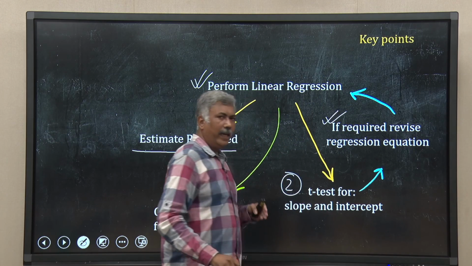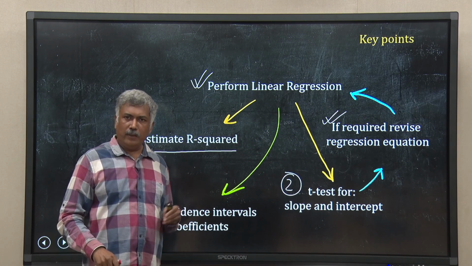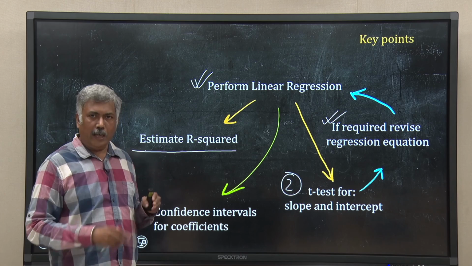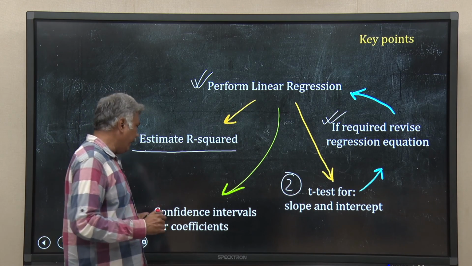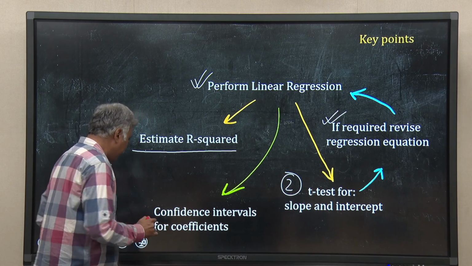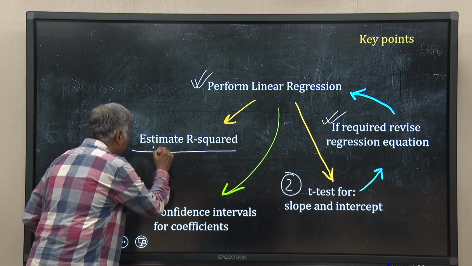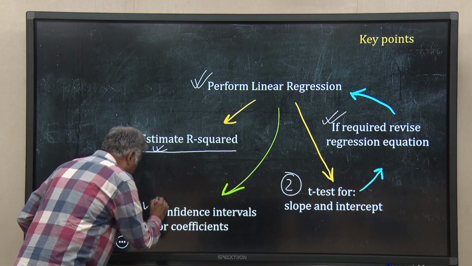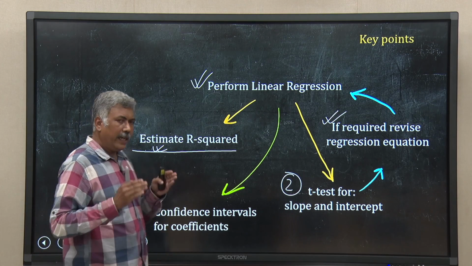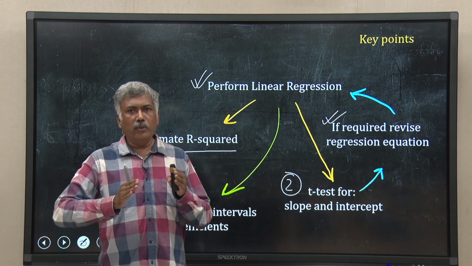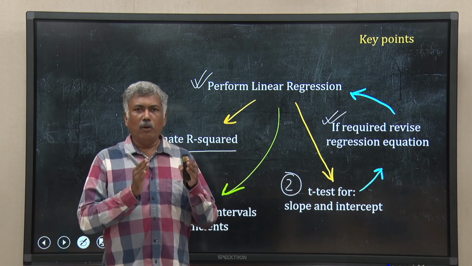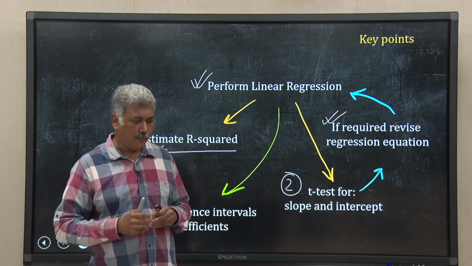That is what I have done for this particular example of 5 data points, and I have removed alpha, the intercept. Once you have done that, you again calculate the R square and the confidence interval, and that confidence interval should be narrow so that we have a high confidence that the coefficient lies in that interval.